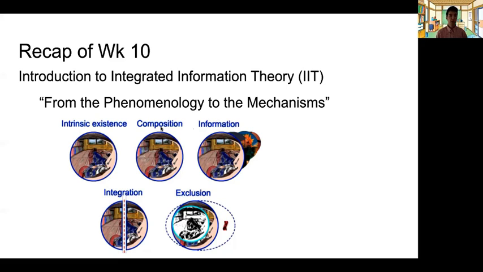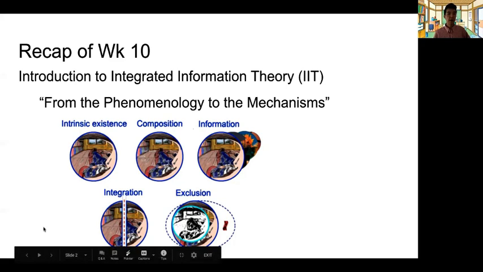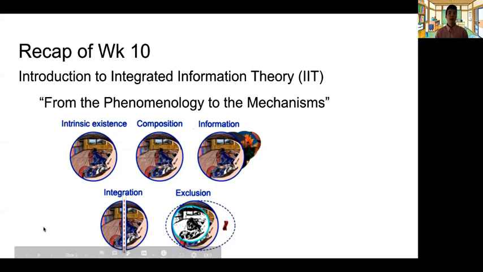And as depicted here, the five fundamental properties IIT identifies are: first, intrinsic existence, that consciousness exists; and composition, that in any experience, conscious content is composed of various components. Then informativeness, meaning that any moment of consciousness is informative in the sense that it excludes, or is one out of, many possible conscious experiences.